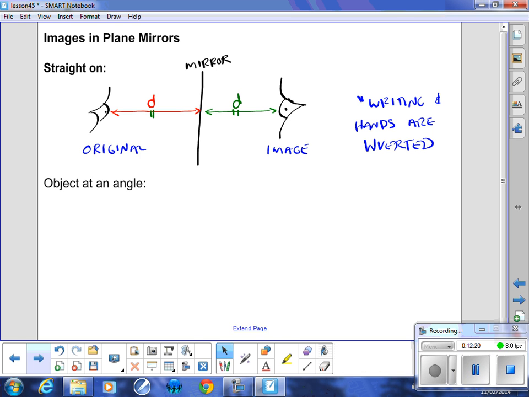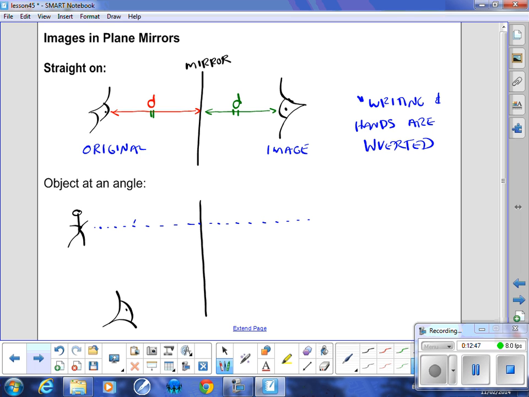What happens if we look at a plane mirror at an angle? So my eye appears down here. If I'm looking at a person, for example, standing right here, I would see the person the same distance into the mirror. So this distance and this distance would be the same. My line of sight is along there.